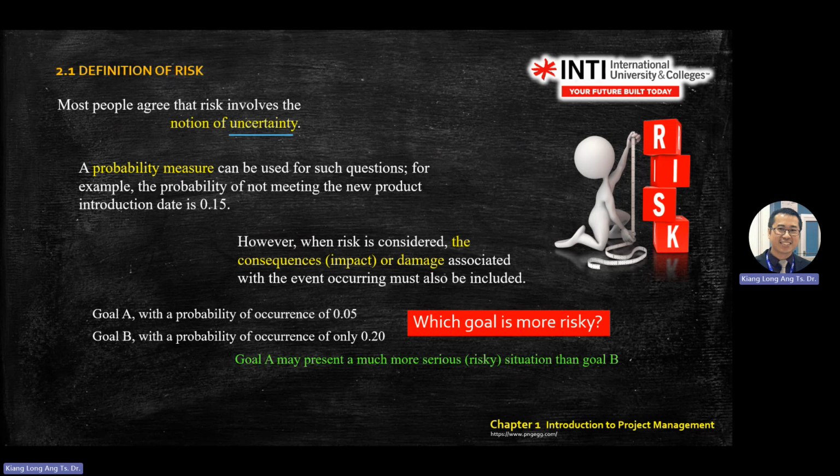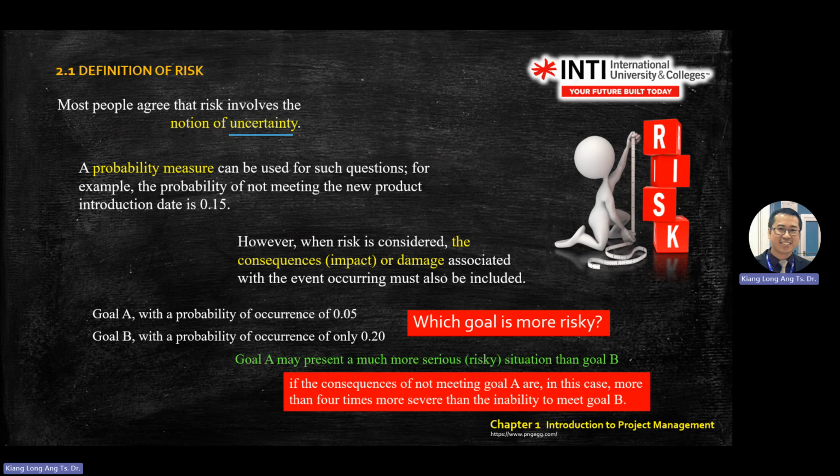Okay. So if you only look at this statement, the answer is B. But if you work in a real scenario, if goal A, although the probability of happening is 5%, the frequency of that incident happening is higher than B, then A can be more serious than B. So if the consequences of not meeting goal A are, in this case, more than 4 times, it will be more severe than B, meaning the frequency of happening.